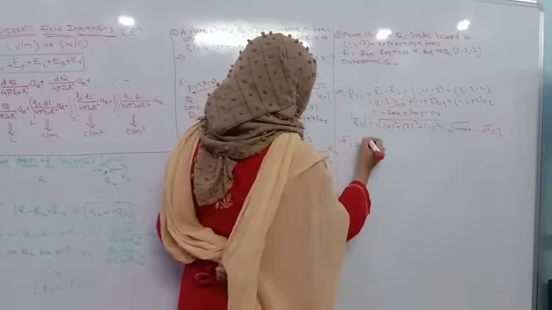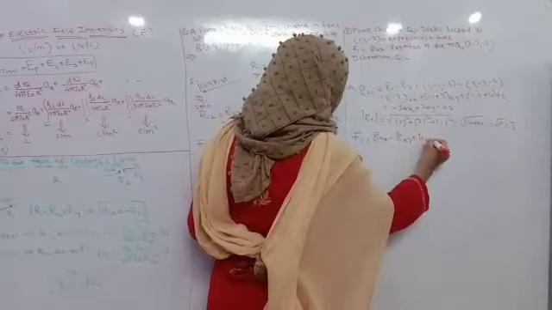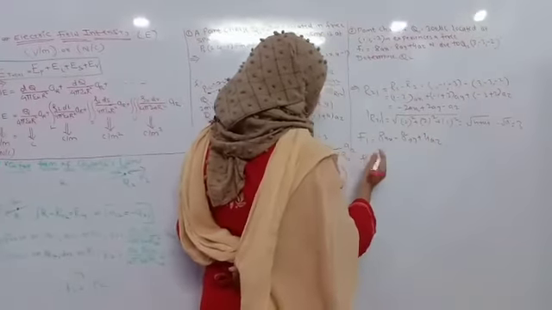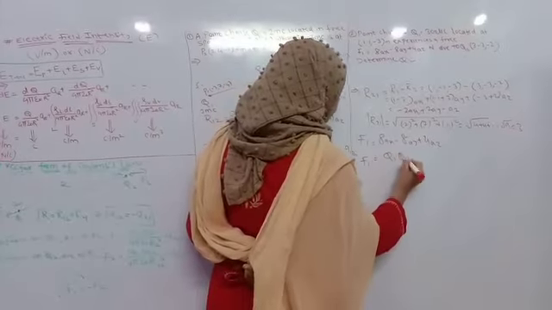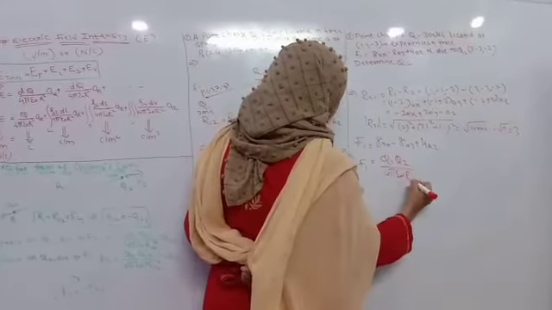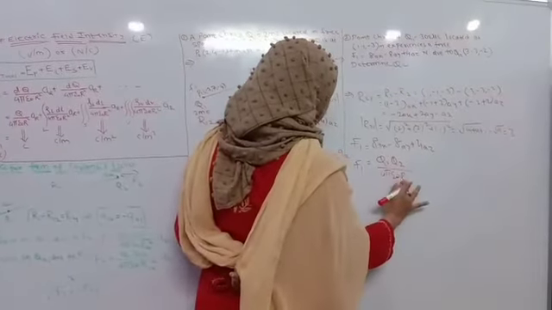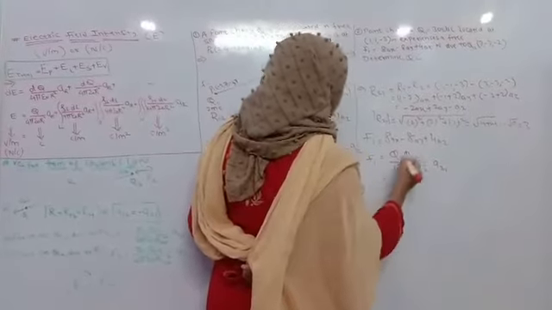F1 is already mentioned. That is nothing but 8ax minus 8ay plus 4az. But what you need to calculate? You already have F1 just because of the 2 charges. So F = Q1 Q2 divided by 4 pi epsilon 0 R21 whole square, dot a21.